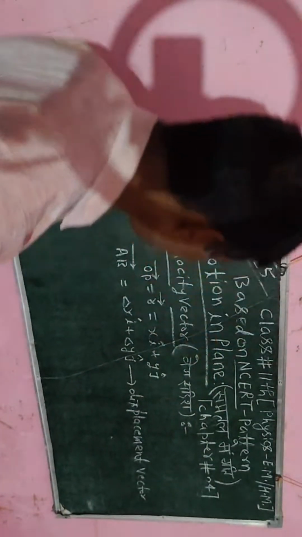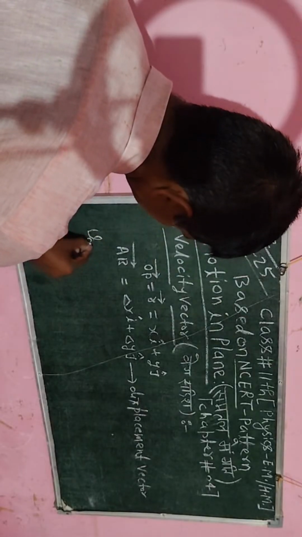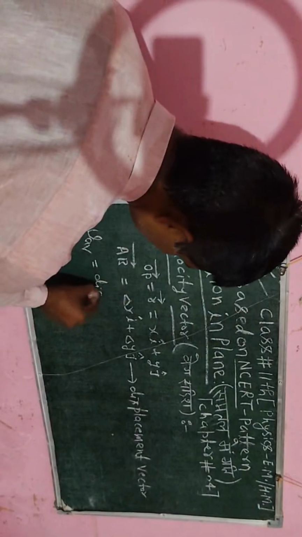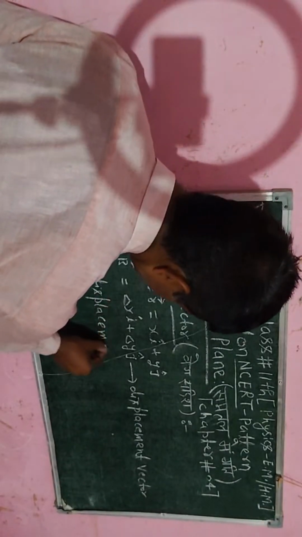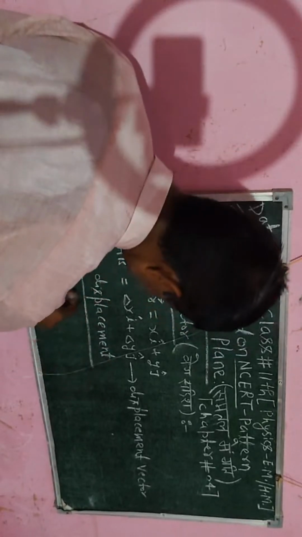Now I have to write the average velocity AB, which is the displacement divided by the time interval.